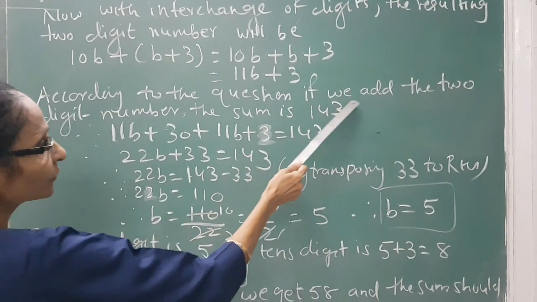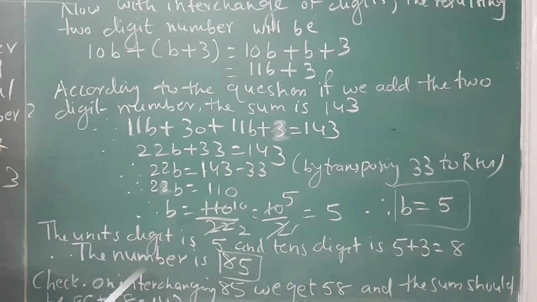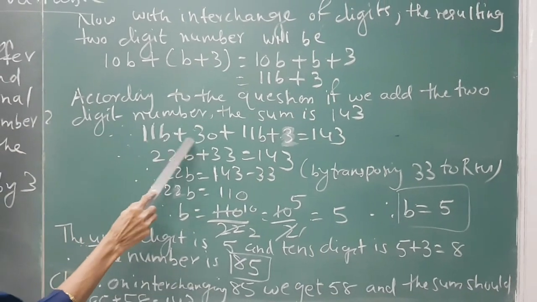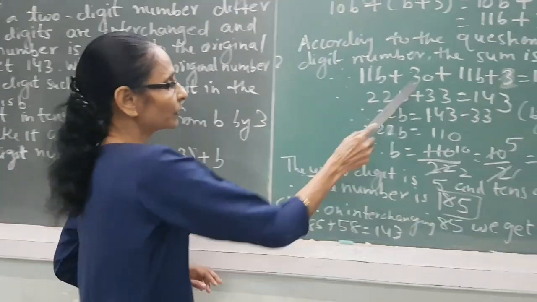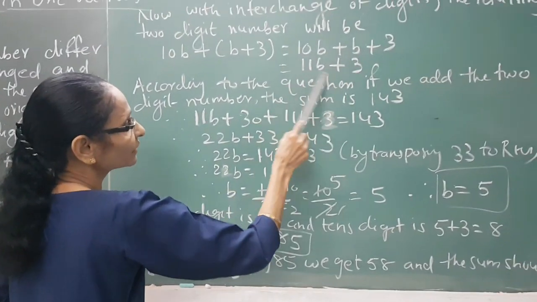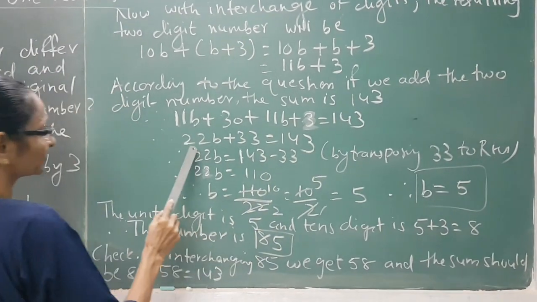According to the question, if we add the two numbers, the sum is 143. Therefore, 11B plus 30, this is our first number, plus 11B plus 3, the new number after interchanging, is equal to 143.